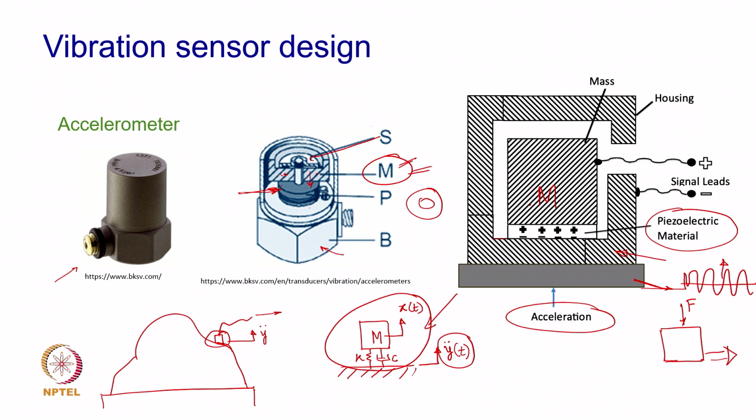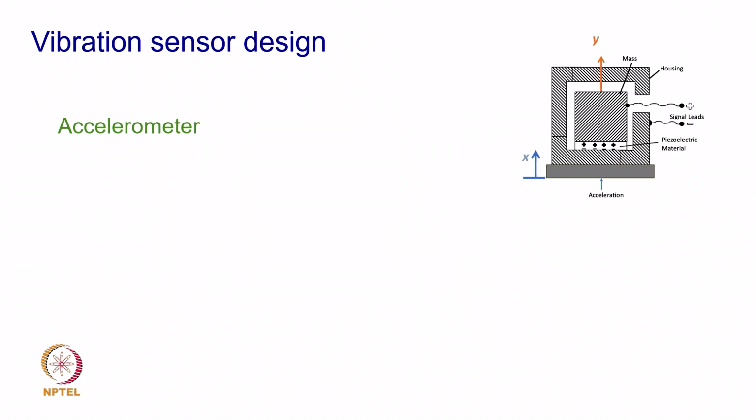Now, going back to our basic vibratory motion of this single degree of freedom system, we again come back to this model, which is representing the physical accelerometer elements: there is a proof mass m and the piezo discs are characterized by K and C. Now, the input here is x of t and the output is y of t of the mass.